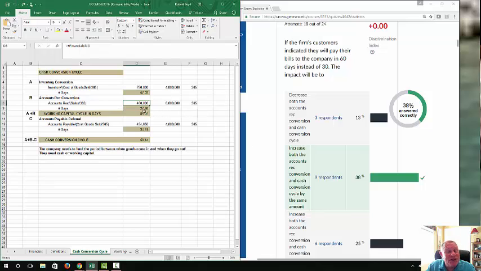We had 27.98 and 50.44, we double the receivables because they're taking longer to pay, and now we have 55.97 and 78.43.